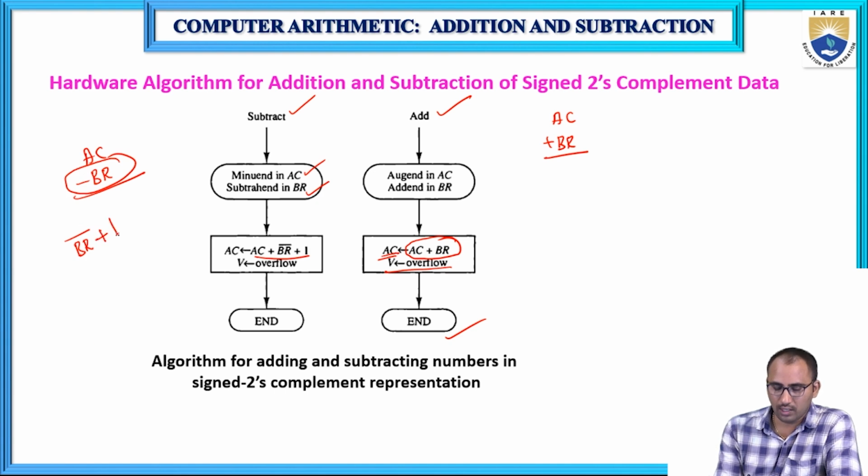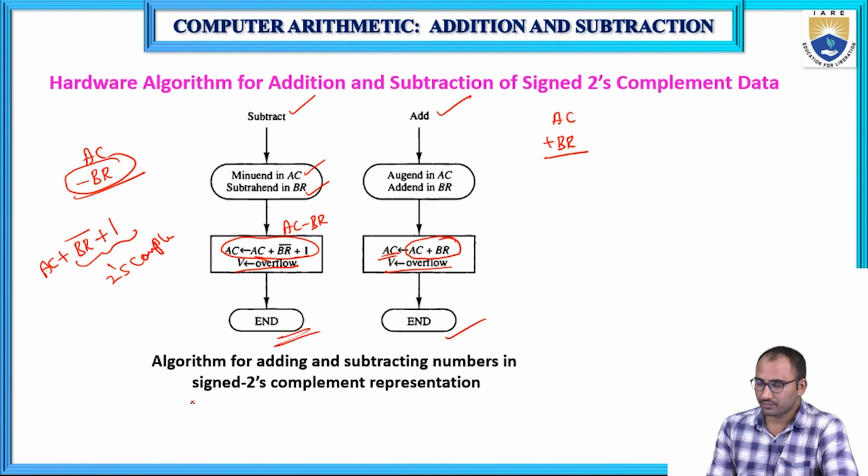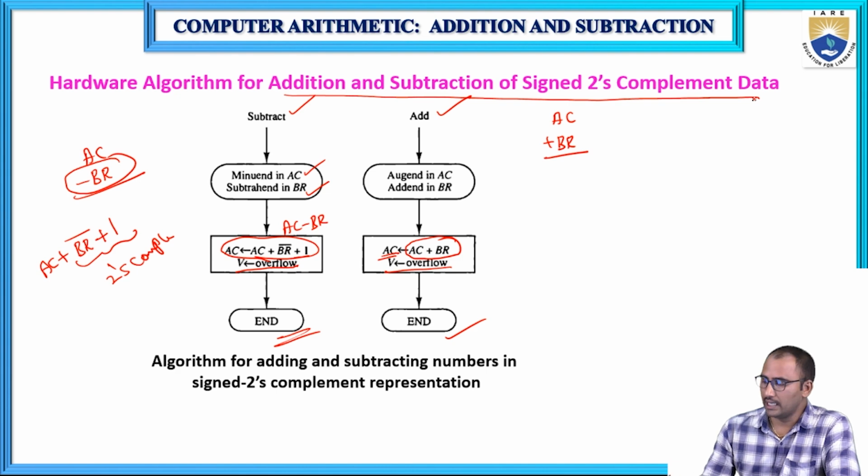Then we are adding 1 to that register, so that this is equal to the 2's complemented value, which is equal to minus BR. Then we are adding it to the accumulator, so this is equal to AC minus BR. And overflow we are loading into V. Then the operation will end. So this is the hardware algorithm for addition and subtraction of signed 2's complemented data.